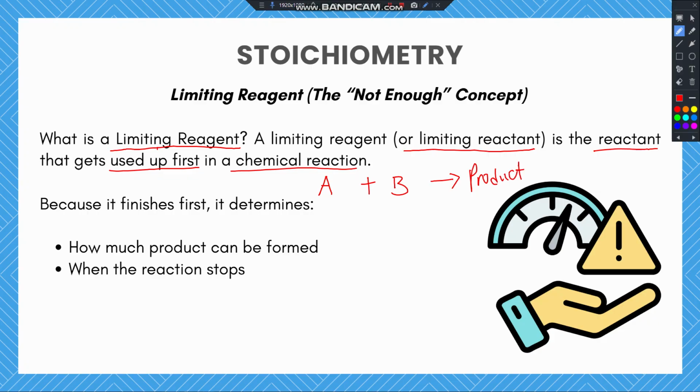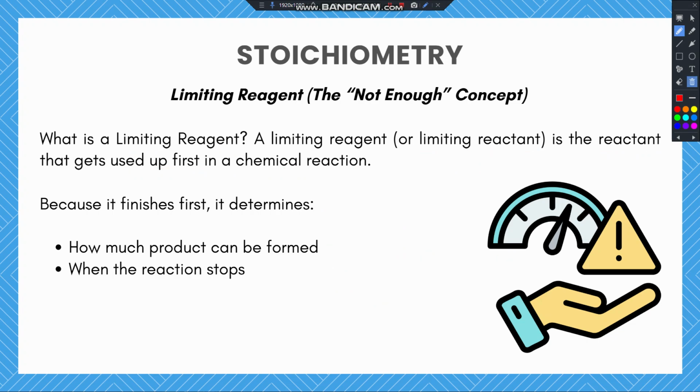Now, in the process of this reaction happening, it is possible for one of the reactants to get finished up while the other one still remains. Now, when that happens, the substance that gets finished up first is called the limiting reactant or the limiting reagent because it is the one that limits how long the reaction can go.